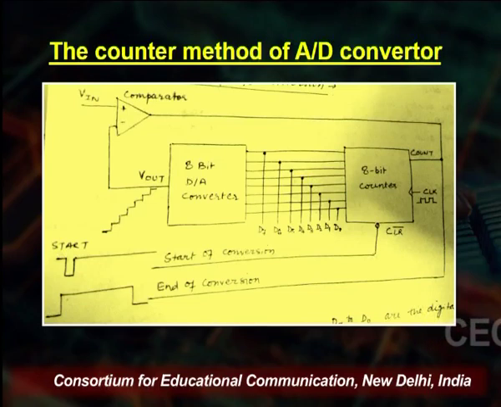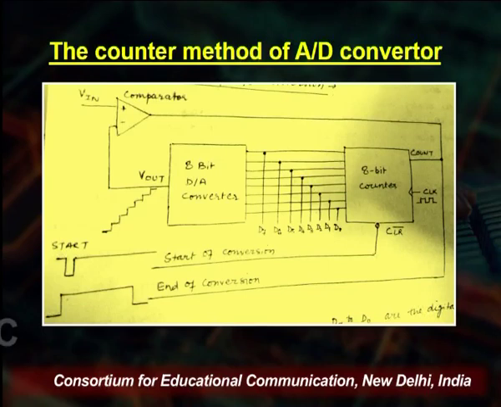Now, this 1 volt was again fed to the comparator. So, 5 minus 1 was still positive, 5 was greater than 1, so the op-amp still remained at positive saturation.